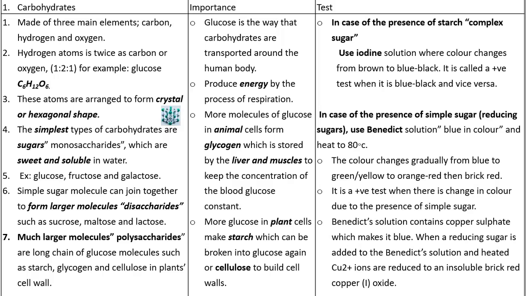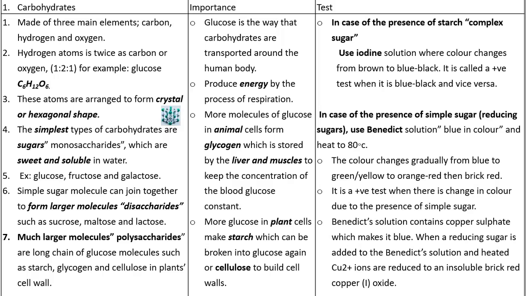So we need two tests, a test for the simple sugars or reducing sugars, and a test for the complex sugars. For the complex sugars, we use iodine solution, which changes color from brown to blue-black.